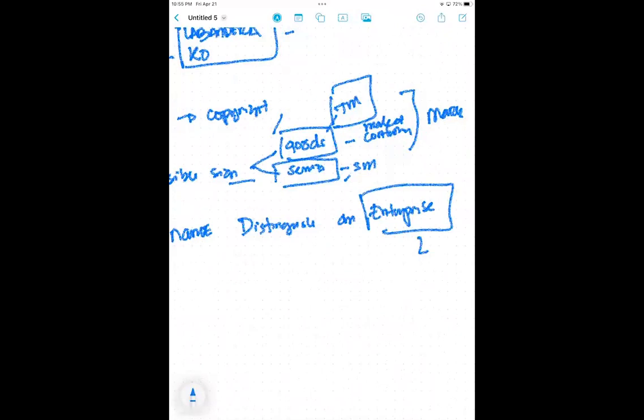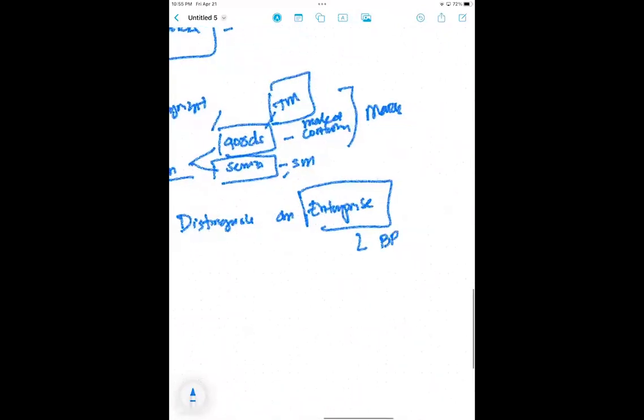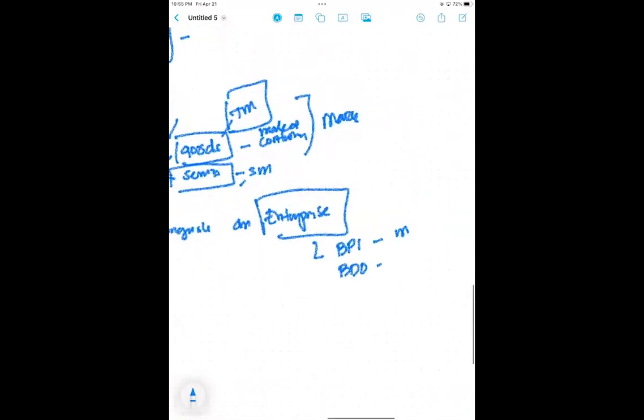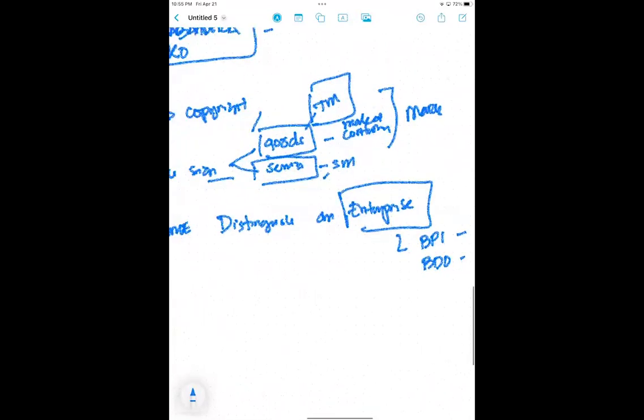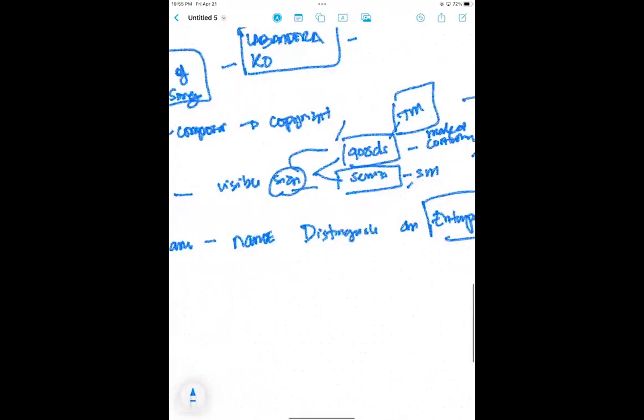Okay, so example, for banks, BPI or BDO. And this is to distinguish that particular bank from other banks like Metro Bank, Union Bank, etc. Okay, so the name of the business versus the name or the visible sign to distinguish the goods. Okay, so I hope that's clear.